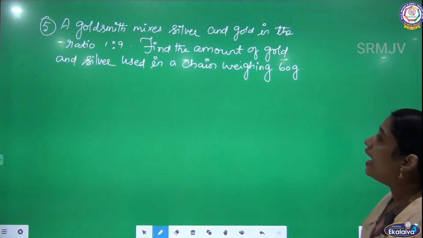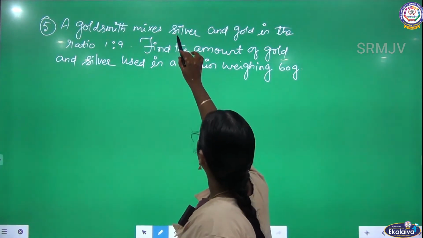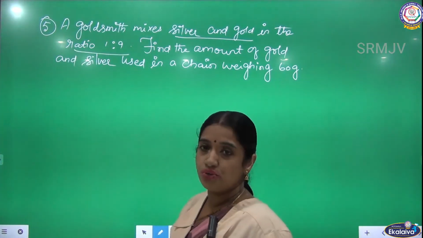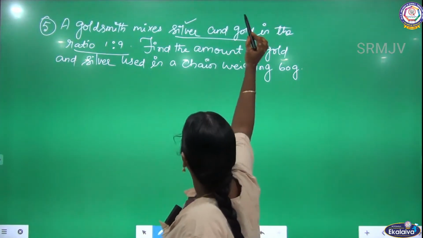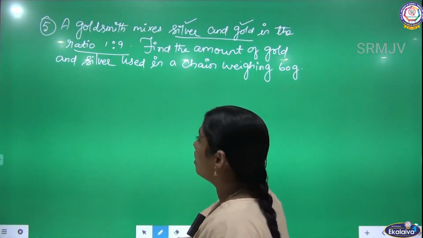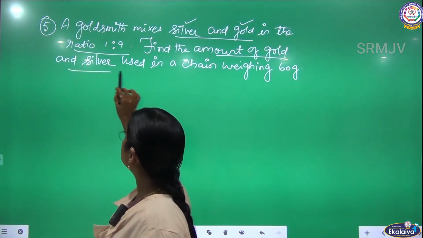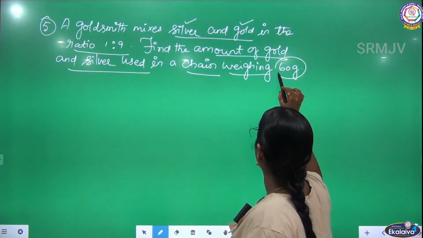Listen, a goldsmith mixes silver and gold in the ratio of 1:9. So silver is 1 and gold is 9 in the ratio. Find the amount of gold and silver used in a chain weighing 60 grams.